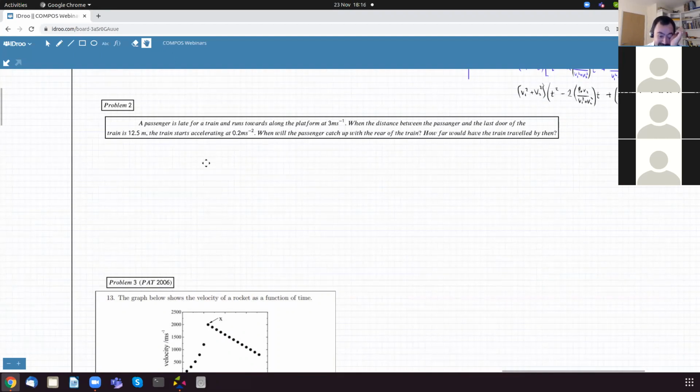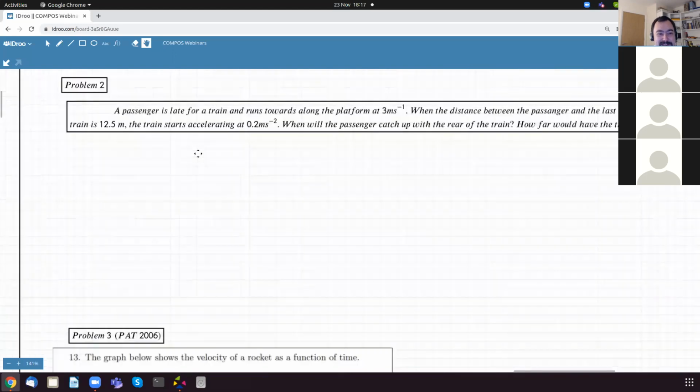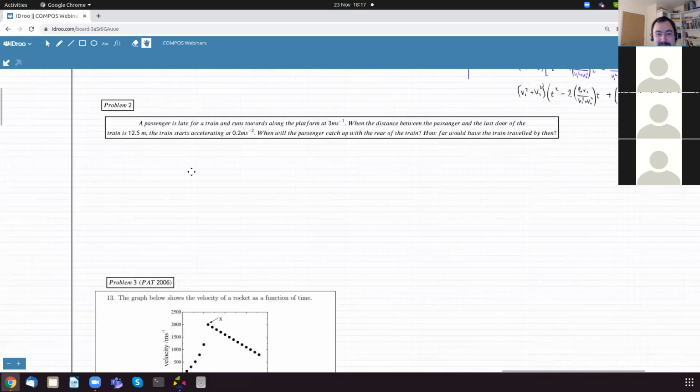Happened a couple of times, but now trains are slightly different. But I decided to keep this problem, even though it doesn't make much sense now, because once the doors are closed, you can't board the train. But it used to be different. Trains had open doors, and you just jump in if you can. So a passenger is late for a train and runs along the platform at 3 meters per second. The distance between the passenger and the last door of the train is 12.5 meters.